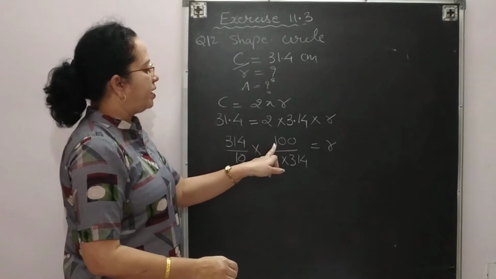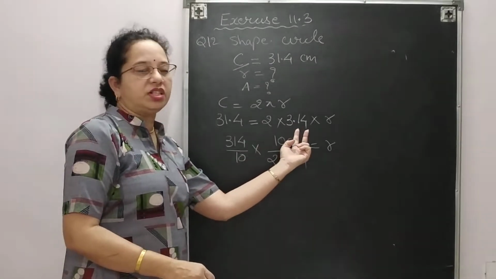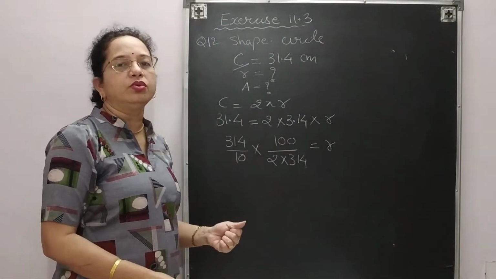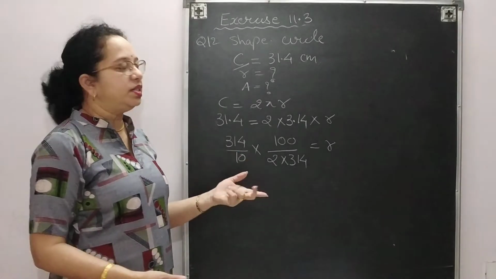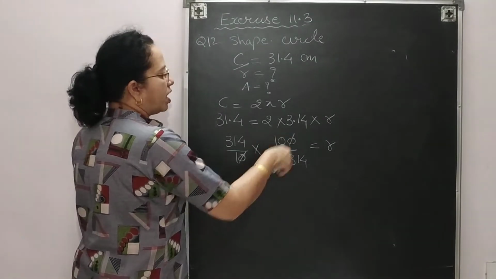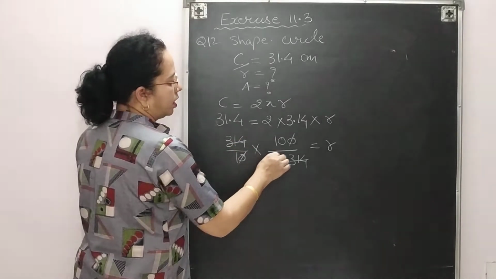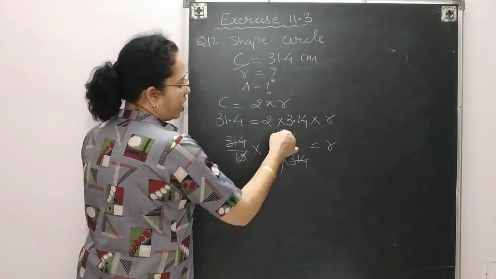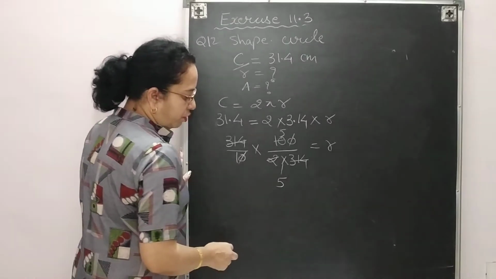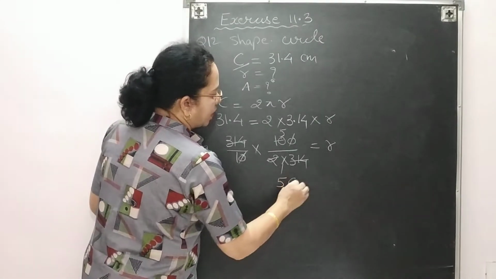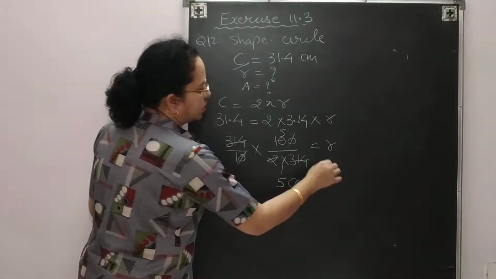For decimal we will write 1 and after decimal 2 digits are there, so we will write down 2 zeros. Now numbers are easier for you to cut. 110 you can cut, 314 and 314 can be cut. 5 2s are 10. So the answer will be 5. Unit is centimeter. So this is r.